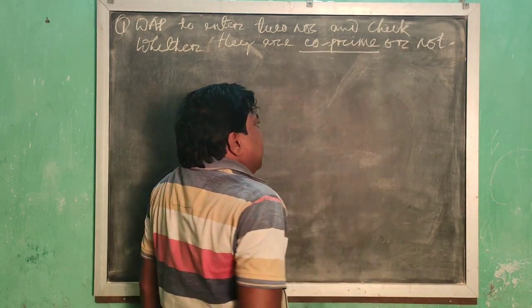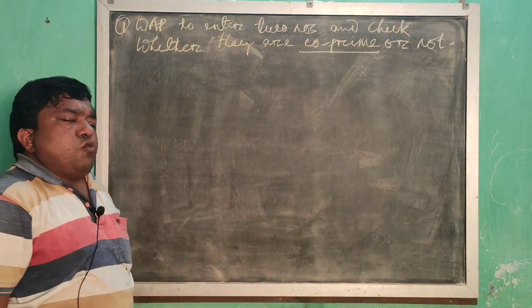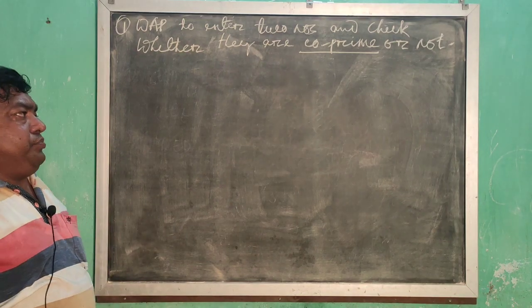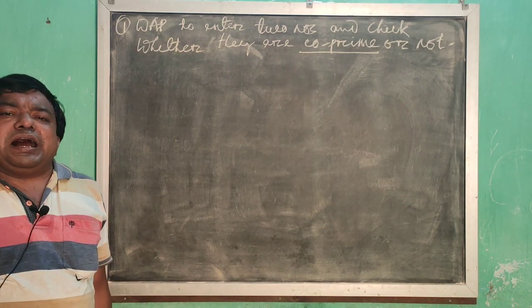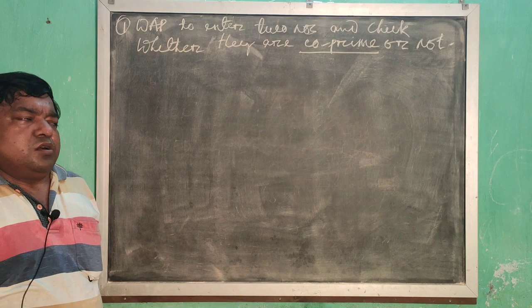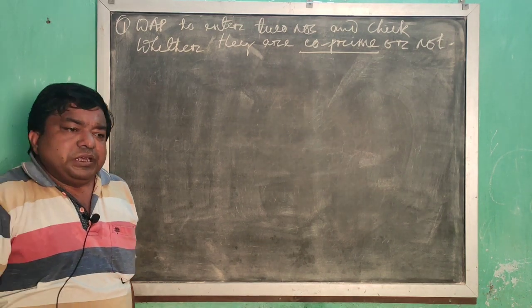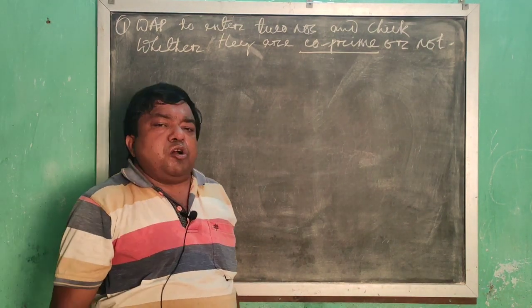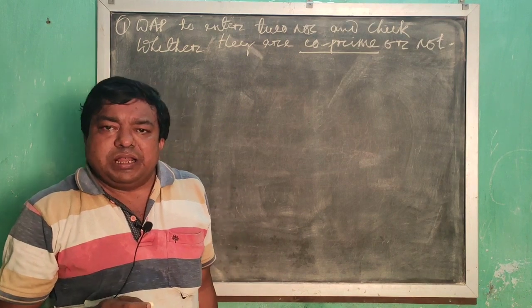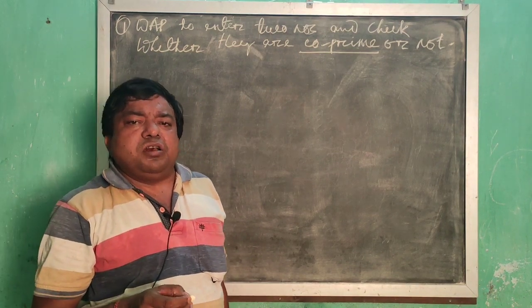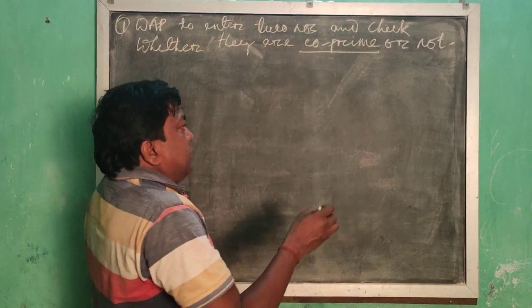Coprime means, maybe you all know, the highest common factor will be 1. If the highest common factor of two numbers is 1, then those two numbers are called coprime numbers.